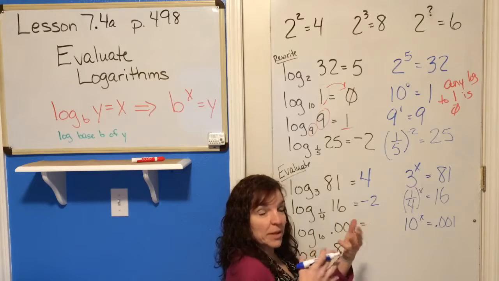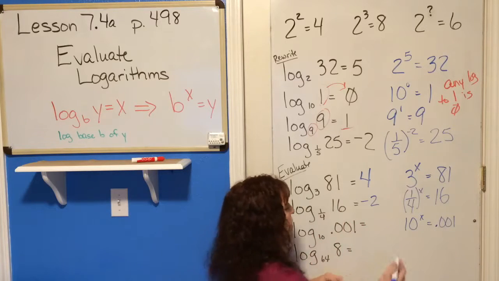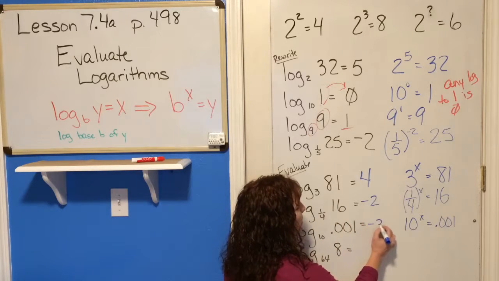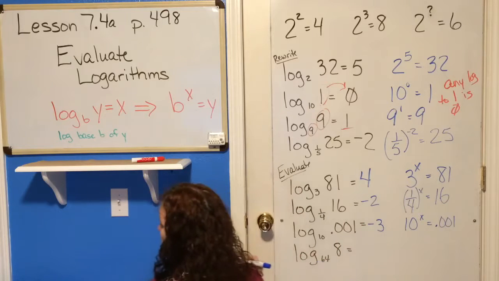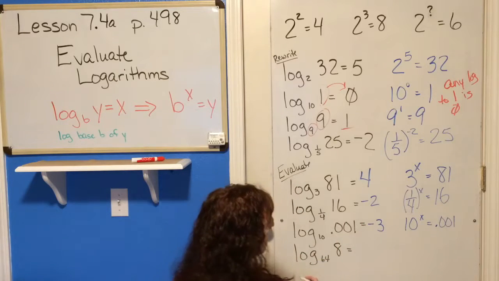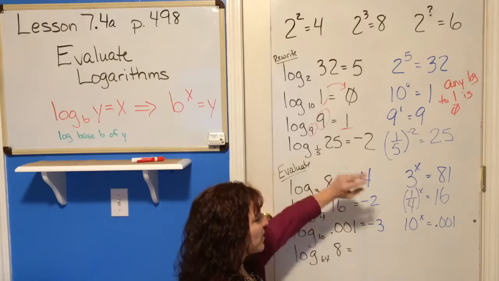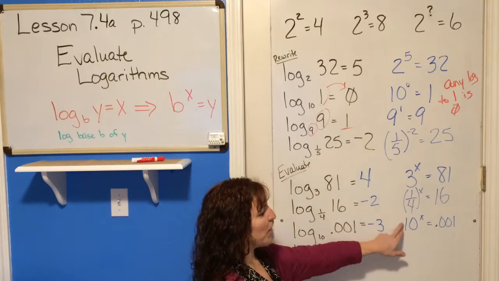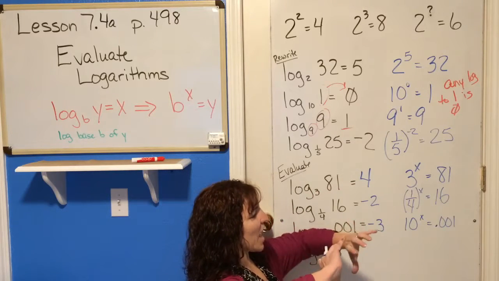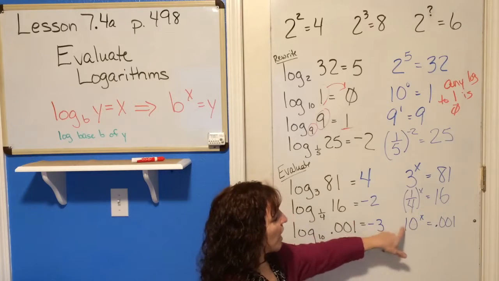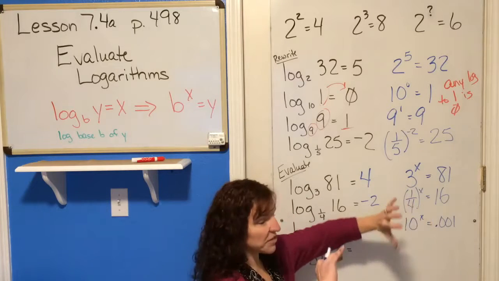But we need to flip it to make it a fraction. So it's going to be to the -3 power. By flipping it and making it the -3 power, this makes our 10 to the -3 power. We'll flip it and make it 1/1000th.